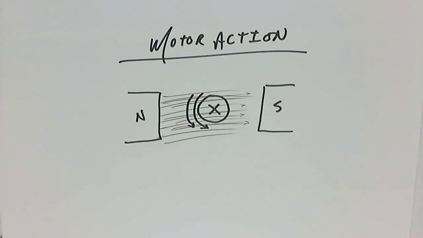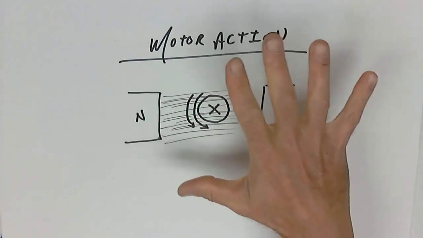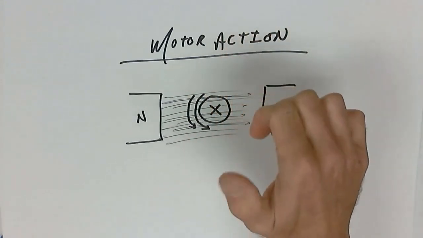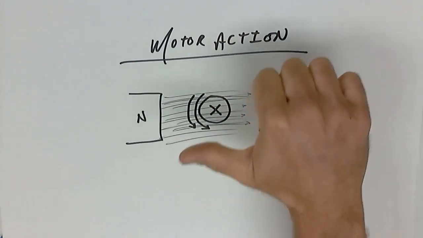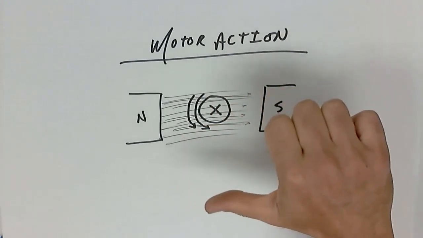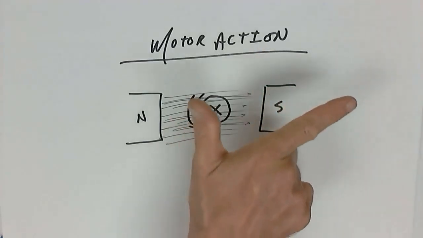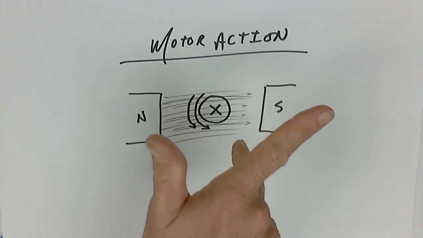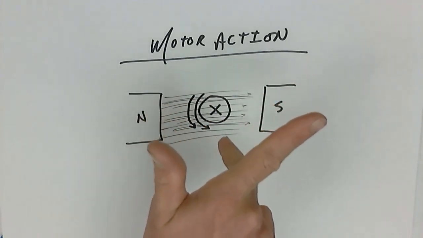And the movement of that conductor is going to be according to the right-hand rule. Thumb indicates the direction of thrust, so we're not sure which way it's going to be forced. Index finger points towards the south, and the middle finger points towards the direction of current flow.